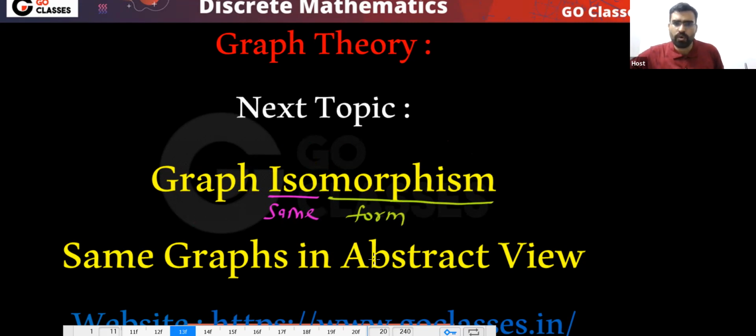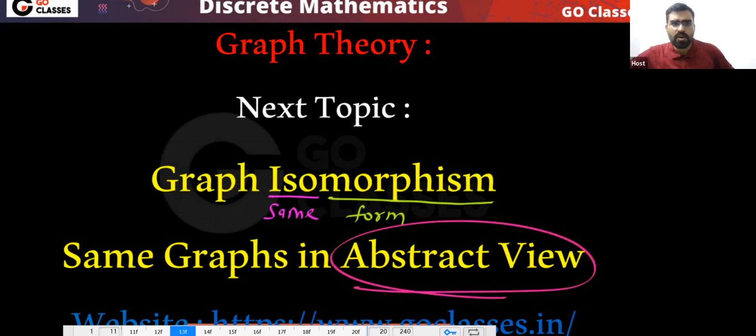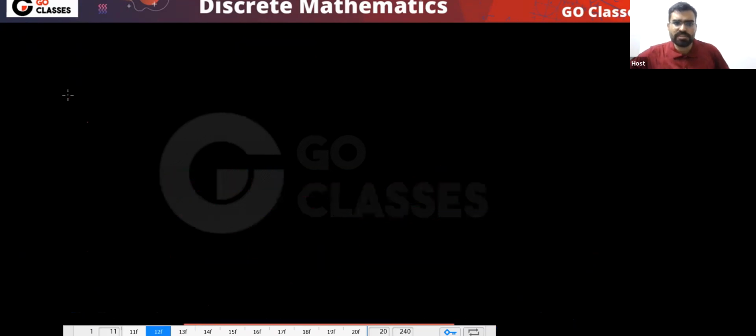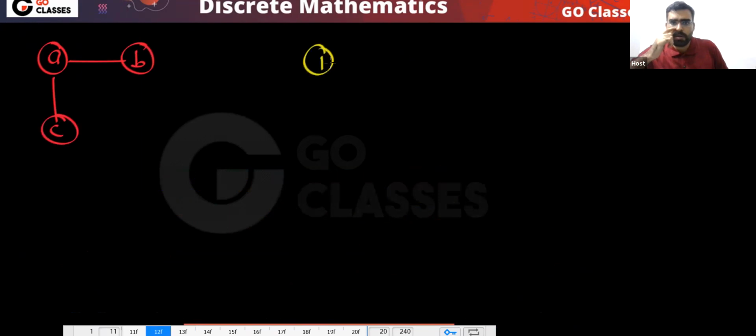So basically same form. What is the definition of graph isomorphism? The graphs are the same in abstract view. Abstract view means if you remove the labels and all. For example, if I give you these two graphs, A, B, C, this graph and this graph, 1, 2, 3, are they same?